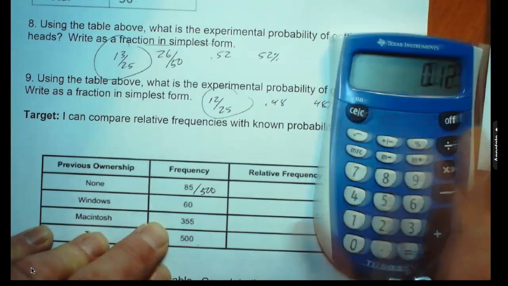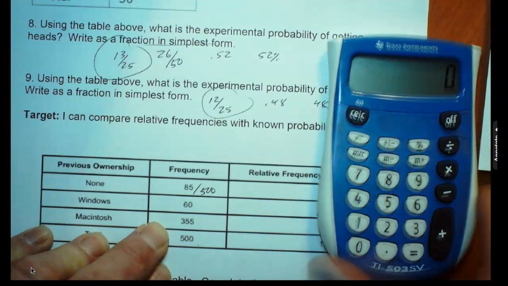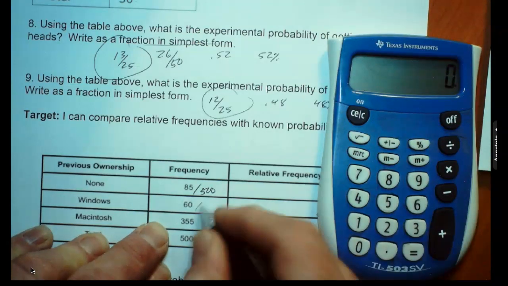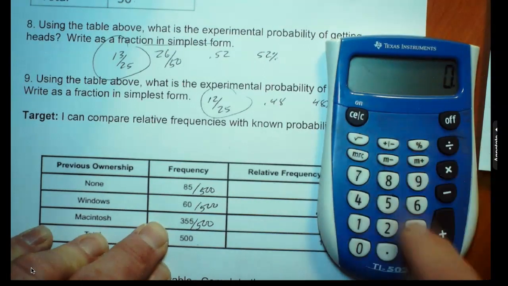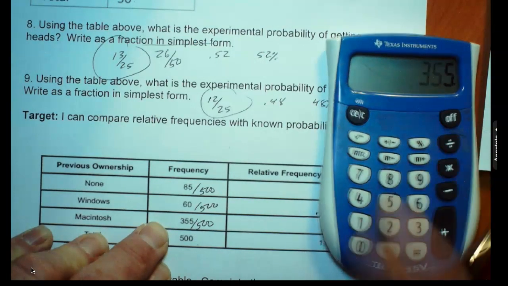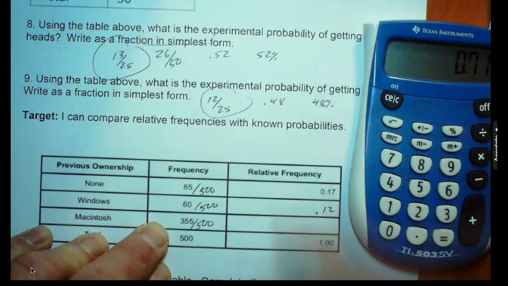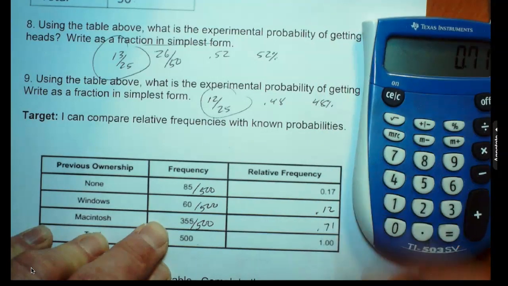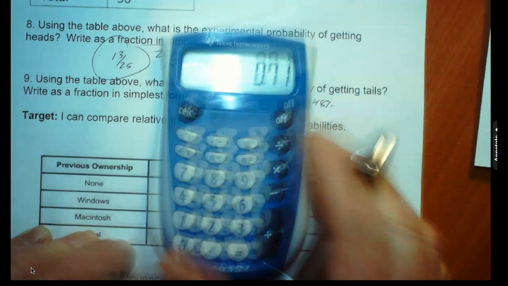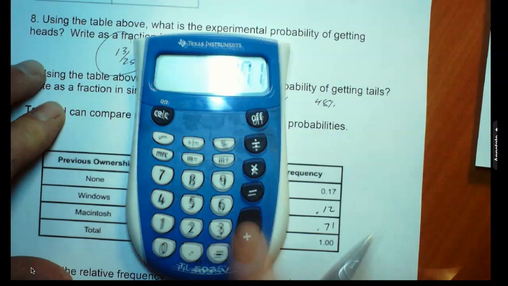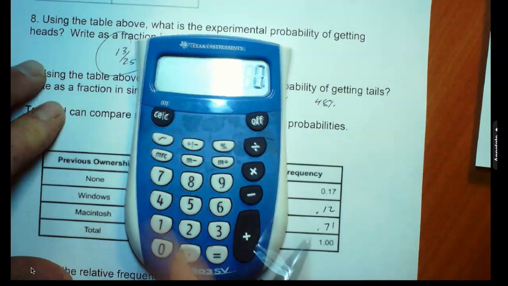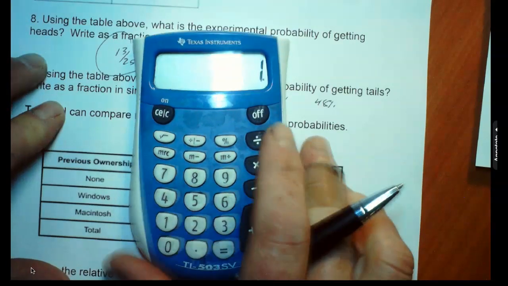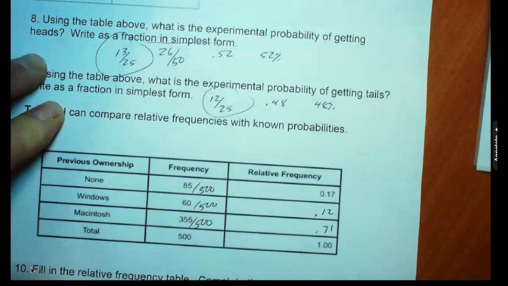Then we have 355 divided by 500, and that is 0.71. You add those all up: 0.71 plus the 0.17 plus 0.12, and there's your 1.0, or 100%.